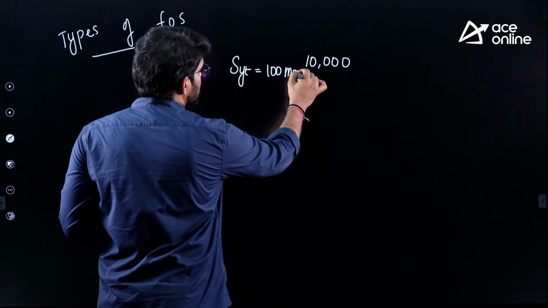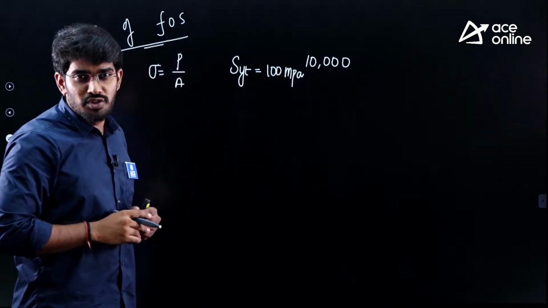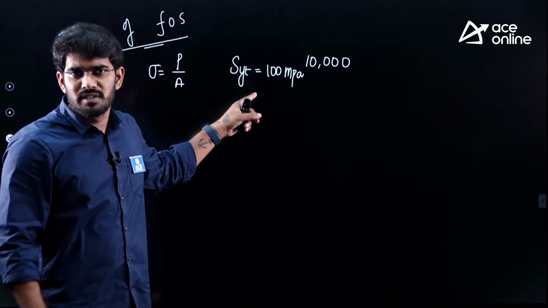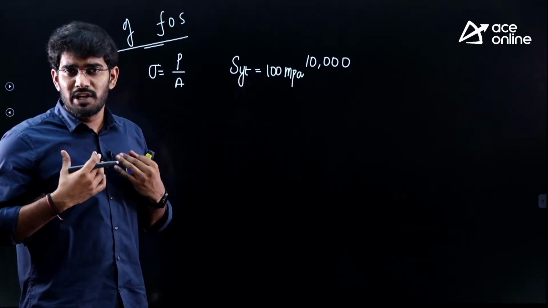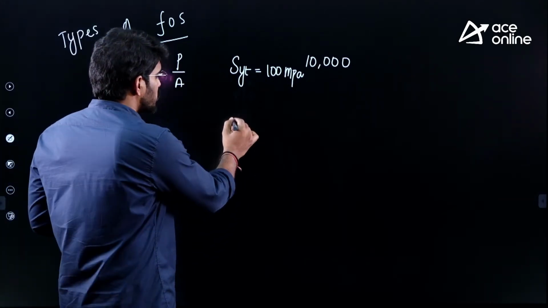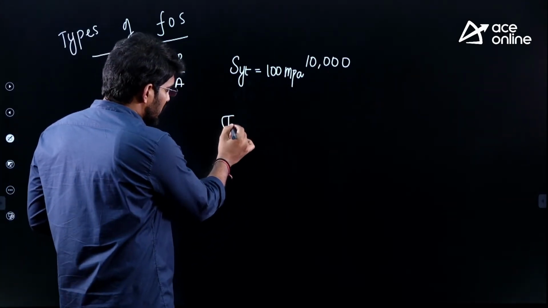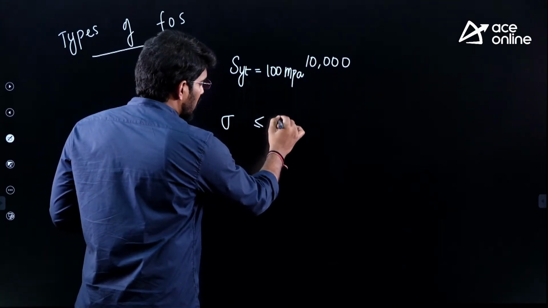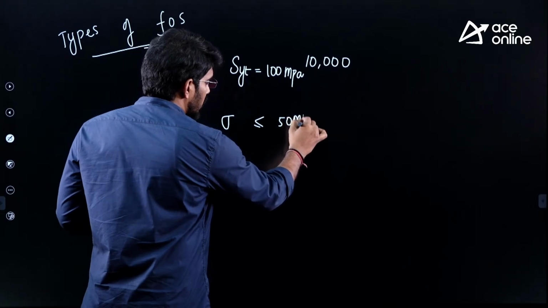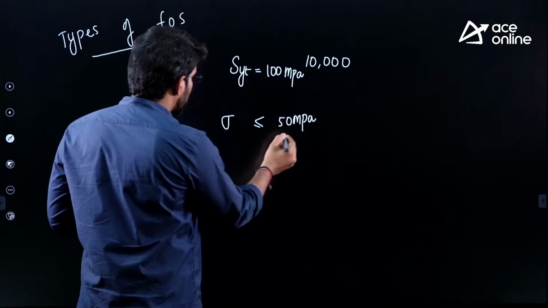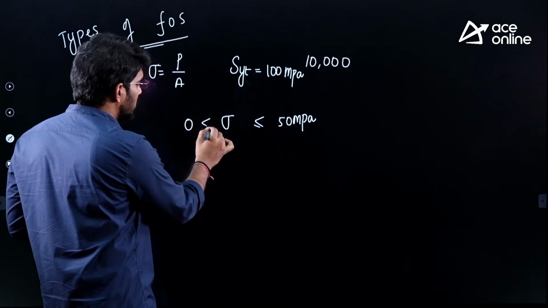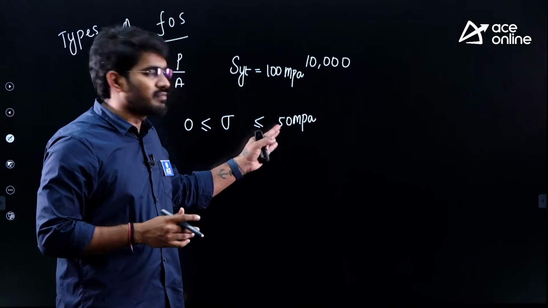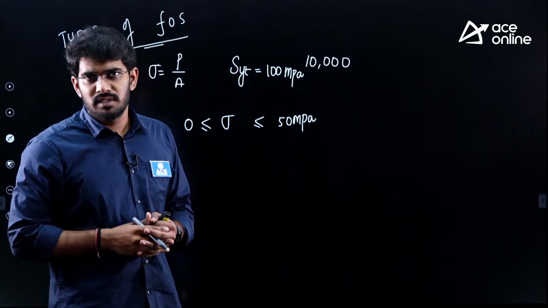If that reaches 100 megapascal, the particle fails. But the manufacturer assumes that the stress is only allowed to reach 50 megapascal, which means you are operating the stress only within this space. It can reach a maximum value of stress of 50 megapascal.